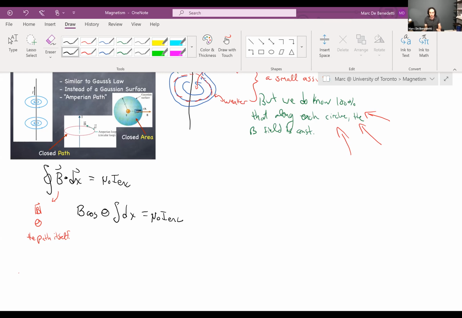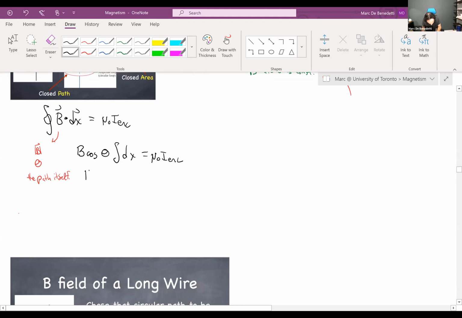Same thing with Gaussian surface. I could have picked an oblong shape. It doesn't mean I know the surface area of the shape. Here, do I know the total path that I've traveled? If I pick an oblong shape, I'm not going to know the perimeter of an oblong shape. Luckily here, we picked a circle. We know the path of a circle. The path of the circle is simply 2 pi r.